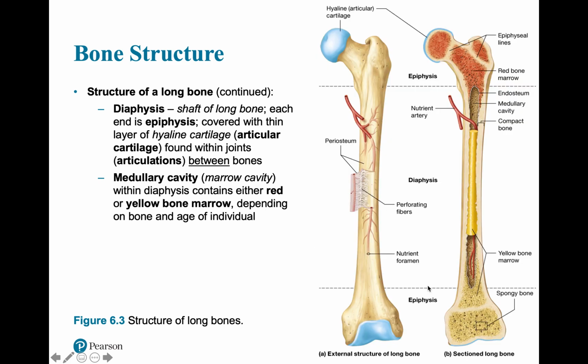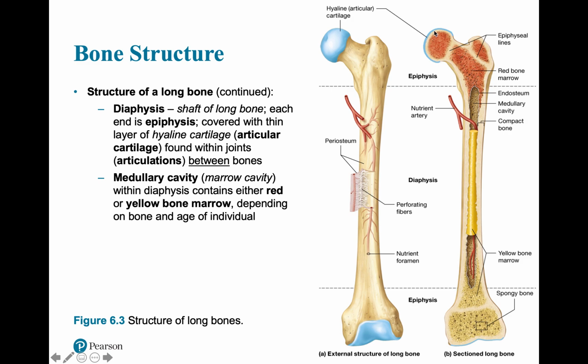Now, if we look here, so here's a longitudinal section through the bone, we can see that the outer portion of the bone looks dense. It is dense. This is compact bone. Whereas on the inside, we can see that it looks spongy, or it has these holes, and that's called spongy bone.